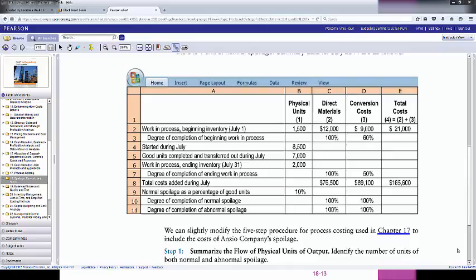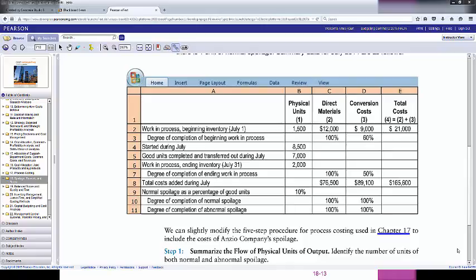In regards to the items, again, we're making the assumption that our direct materials are added at 100% when the units are started in the process. So the fact that these units were started in the prior period means they were also given 100% of their direct materials then.